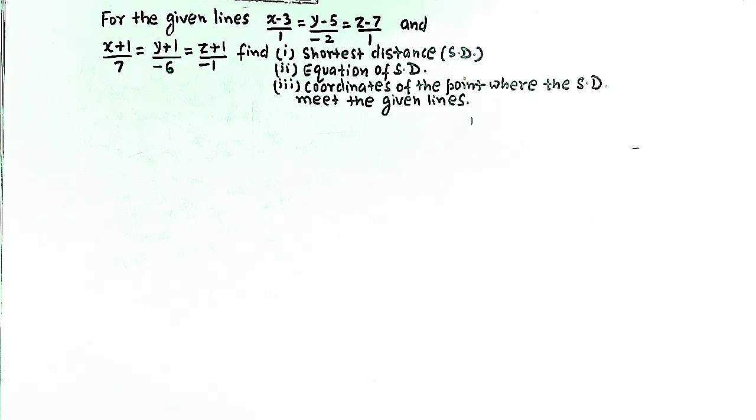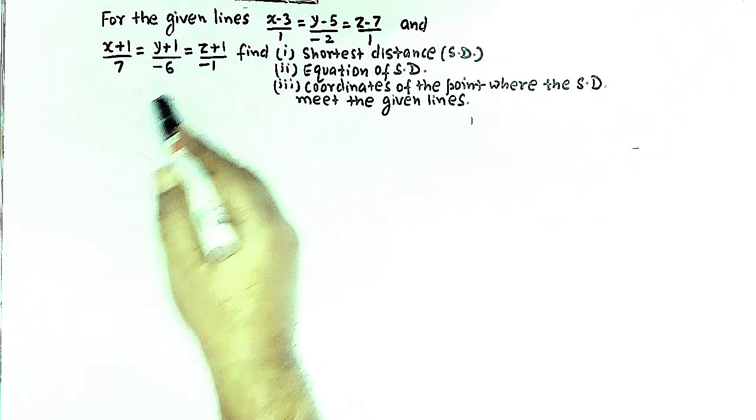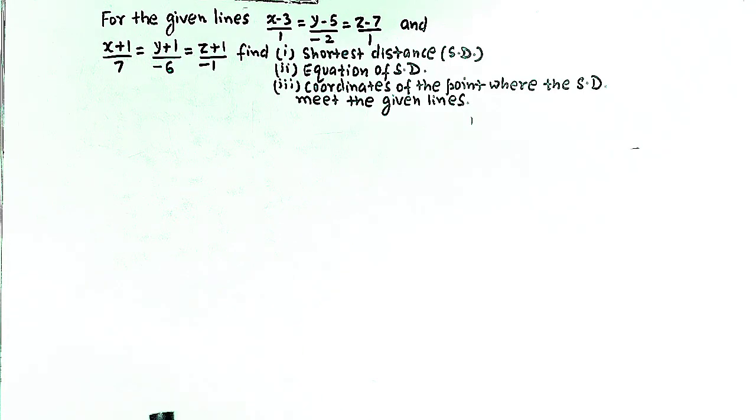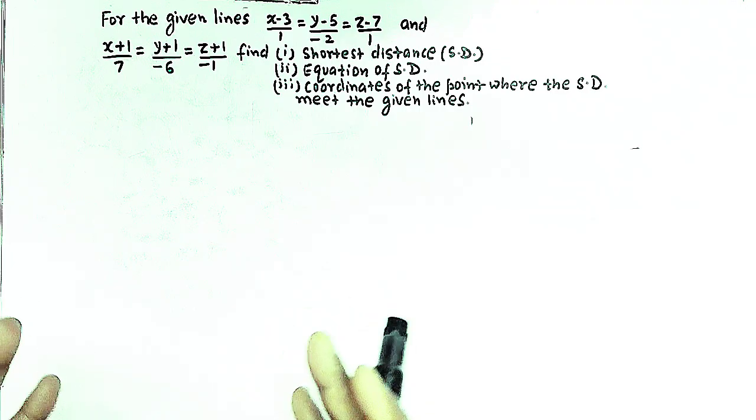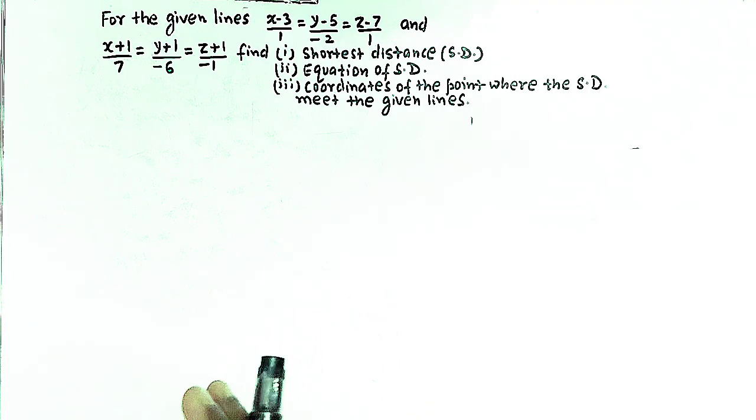So let us see how we can find out the shortest distance between these two lines without using any formula, except the distance formula, that is the distance between two points, right? So here we'll find out the shortest distance between these two lines using the distance formula.